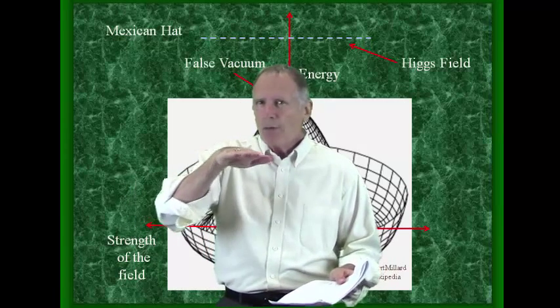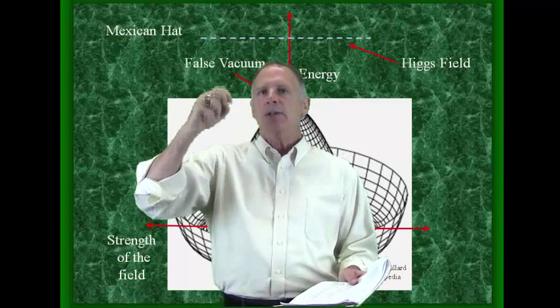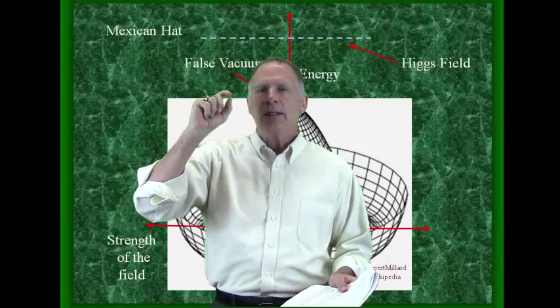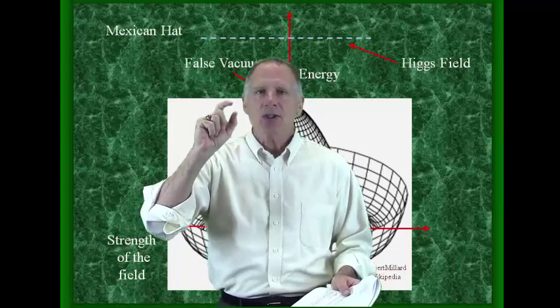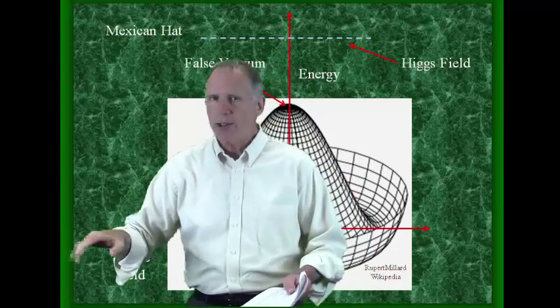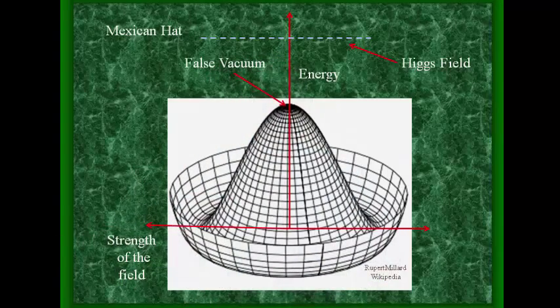And if it's at all flat up there, scientists believe that the universe can get stuck at the false vacuum. And now look at the difference between the false vacuum and the true vacuum, which is down at 0 on the x and y axis down there.